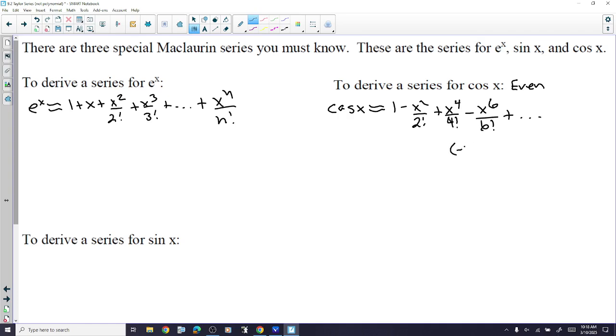Let's go negative 1 to the n if I start with 0, x to the 2n over 2n factorial.